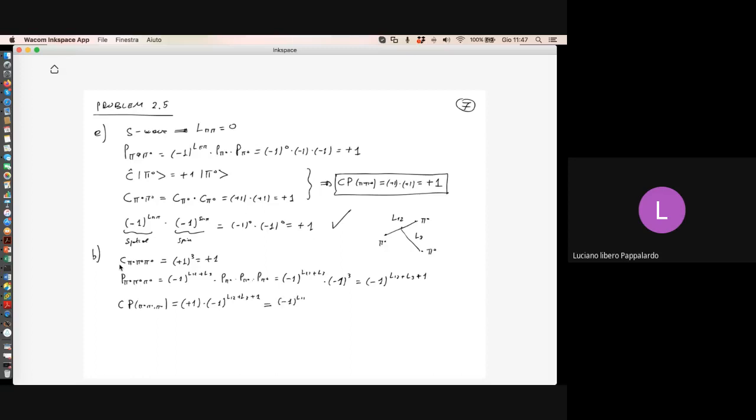The charge conjugation is a plus sign, so it doesn't add anything. So here we can split in 2 cases. This is going to be plus 1 if L12 plus L3 is odd, or minus 1 if L12 plus L3 is even. So what can we use here to disentangle this ambiguity?